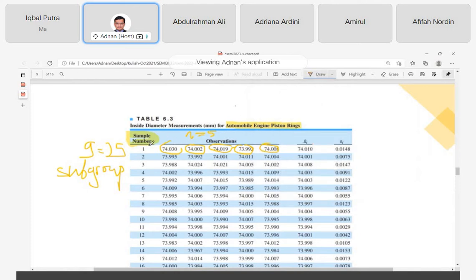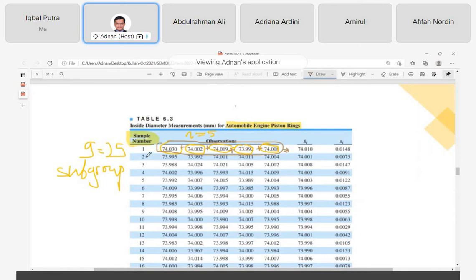You take all these numbers and add them in order to get the average X bar. The average of these 5 values, you get 74. See, this is X bar.